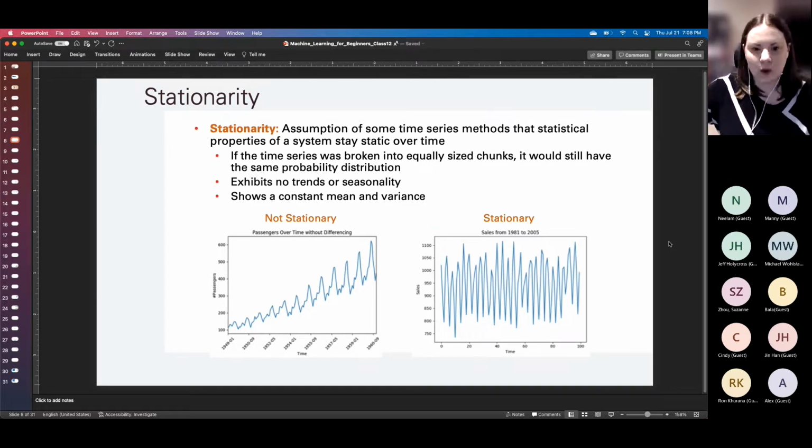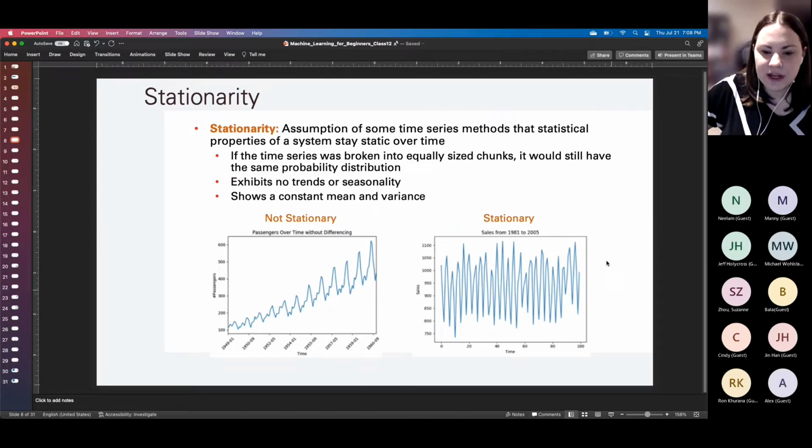We would expect those chunks to have the same probability distribution and the same statistical properties. If that is not the case, then your data is probably not stationary. In general, when data is stationary, it exhibits no trends or seasonality, and it shows a constant mean and variance over time.